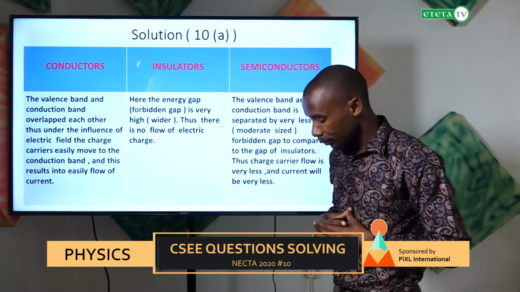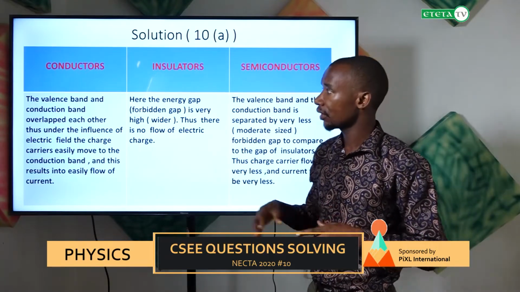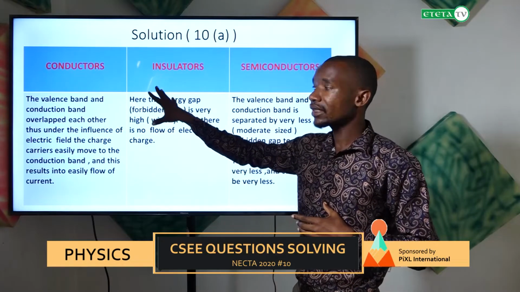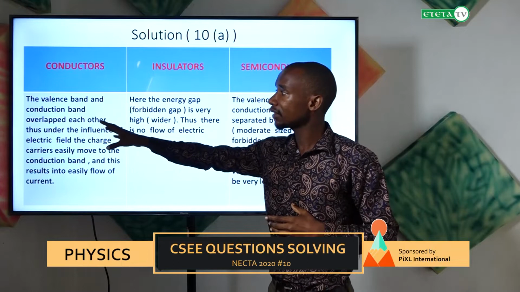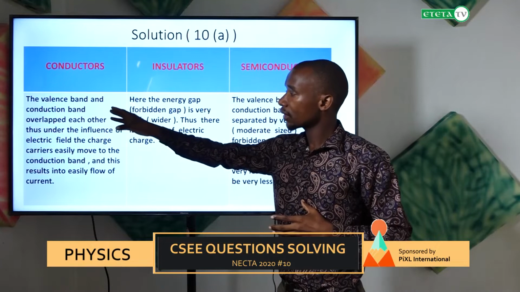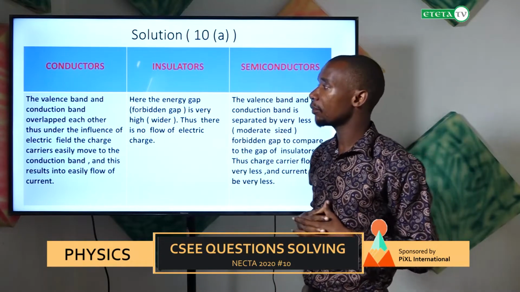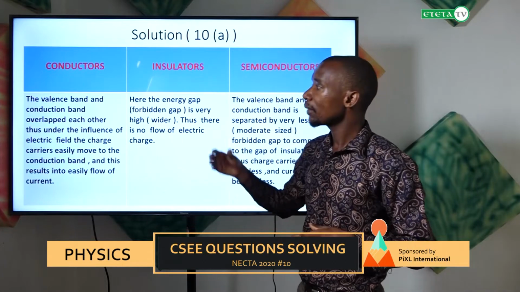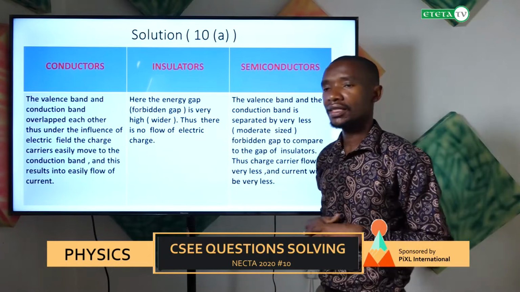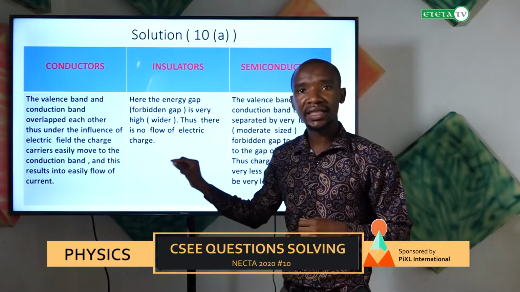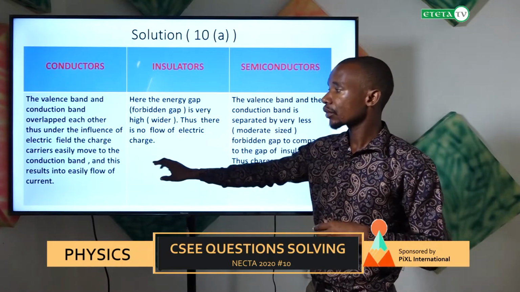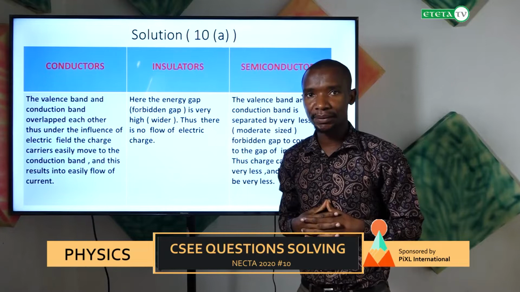In conductors, according to energy band theory, we have valence band and conduction band. Conductors are made up of valence band and conduction band, but this valence band and conduction band normally overlap each other. By doing so, it influences the electric fields. The charge carriers easily move to the conduction band, and this results in easy flow of current.